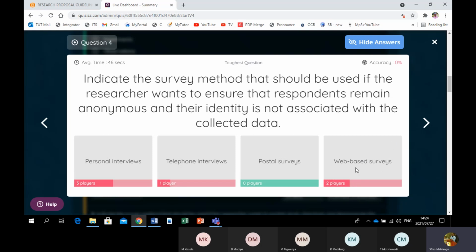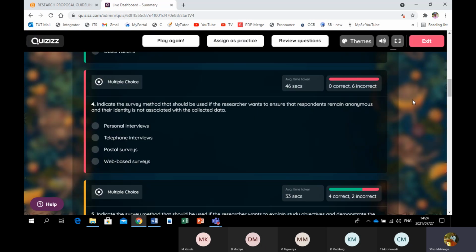Even with the webcams and cameras on the laptops, even if we switch them off, sometimes we are uncomfortable. We feel like they're still watching us. So postal survey is the best for that. I think we will agree on that one.